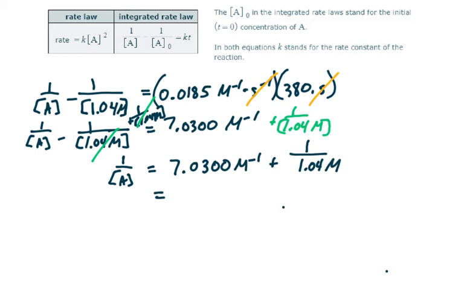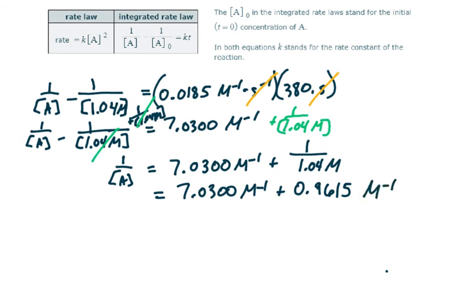What do I get? Well, if I take 1 and divide it by 1.04, I get 0.9615. So 7.0300 plus 0.9615. And look, it's 1 over M, so this is M to the minus 1 as well.